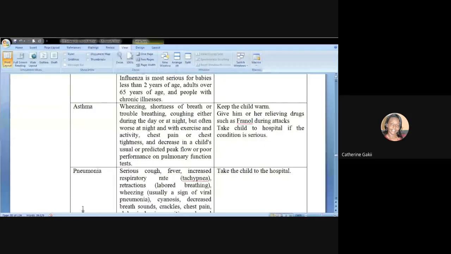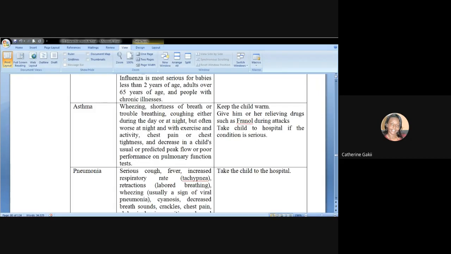I'll repeat again asthmatic attacks because I don't know at what point we lost the network. So for asthma, we said you'll be wheezing, lack breath, have trouble coughing.